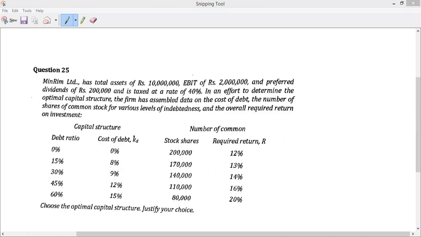So EBIT minus interest comes to 18.8, and that is EBT, or PBT, profit before tax. Then after tax, it is 60% of 18.8, that is 11.28. That is perfect. That is your net income, basically.